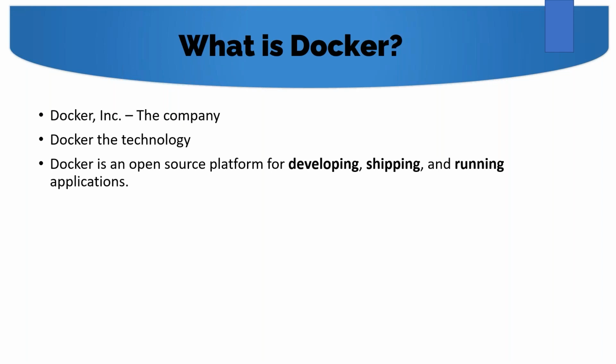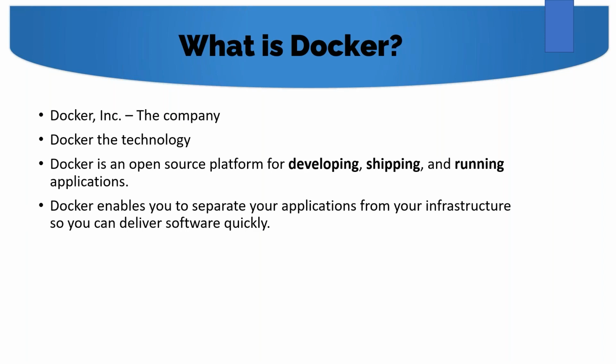Docker enables you to separate your application from your infrastructure so you can deliver your software very, very quickly. That is another big problem Docker solves. And the third thing is that the main job of Docker is to manage the life cycle of containers. In the sense of creating, deleting, editing, working with containers, all the stuff is taken care of by Docker itself.